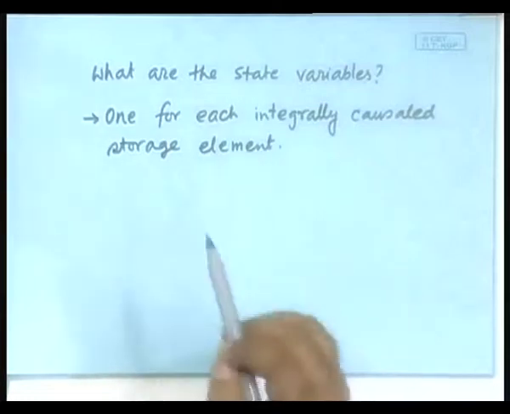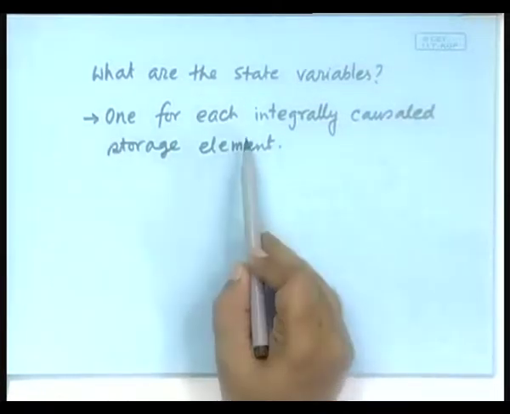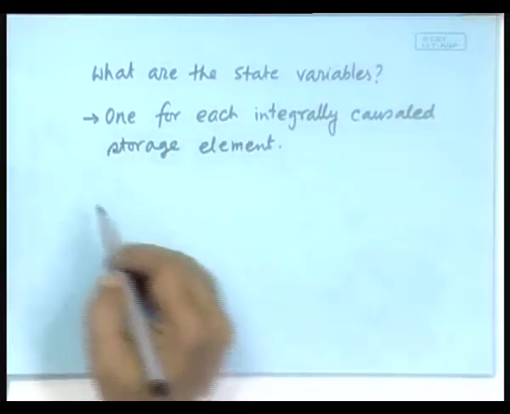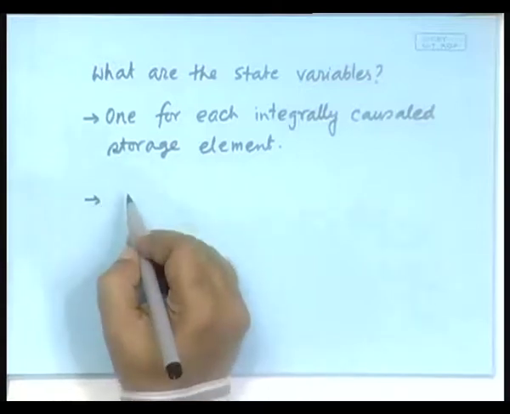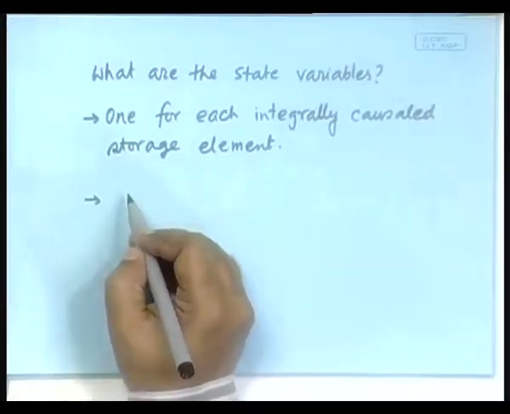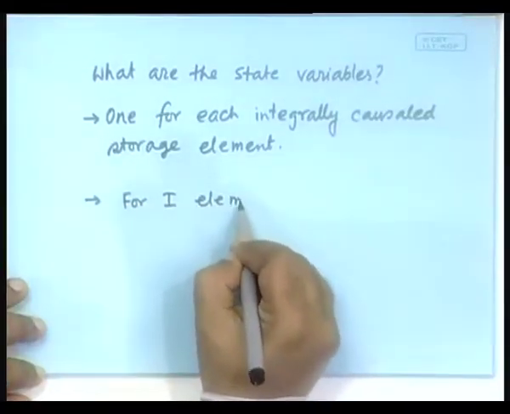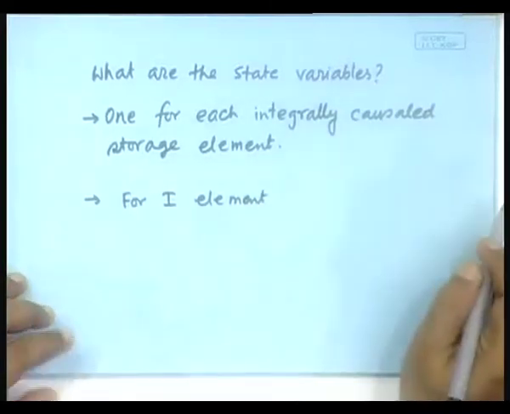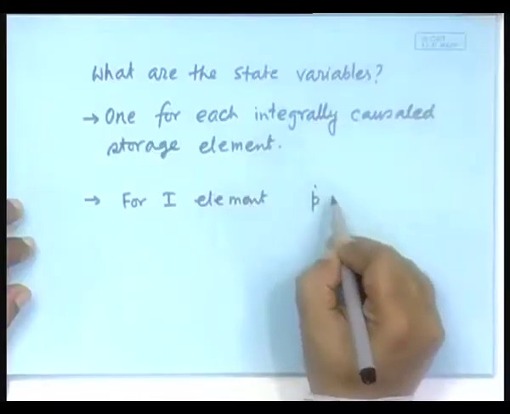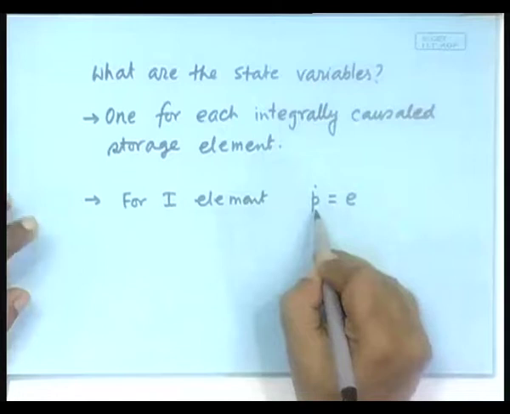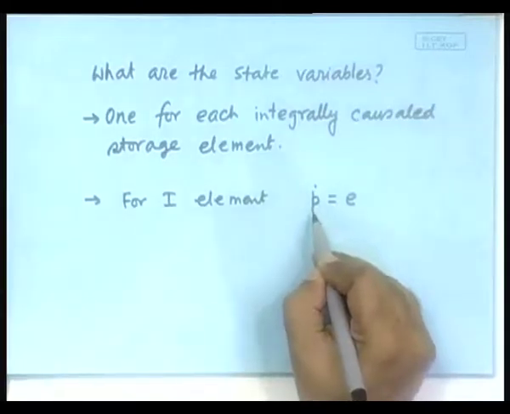So, what are the state variables? There will be one, all right. Which are the state variables? For the inductive element, what is the constitutive relation? P dot is equal to E. P is the momentum, right?